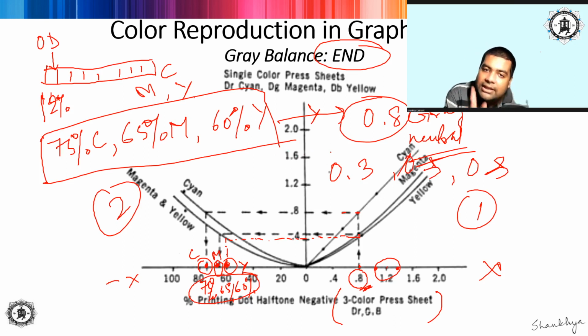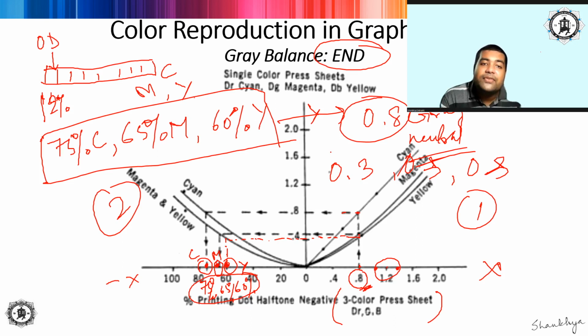Only when we get a 0.3 density from the cyan, 0.3 from the magenta, 0.3 from the yellow, that means the same densities through the three different filters, red, blue and green, only in those areas where the densities through the individual filters become equal to each other will that area be perceived by the densitometer as well as our eyes as a neutral gray. Is it clear or not?